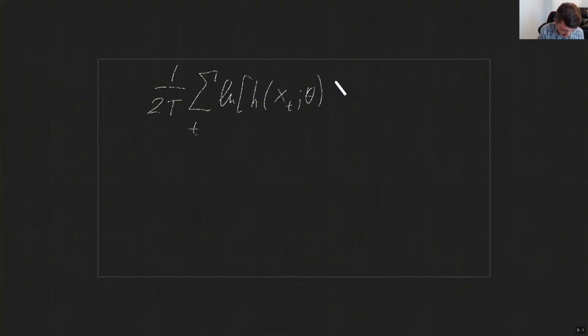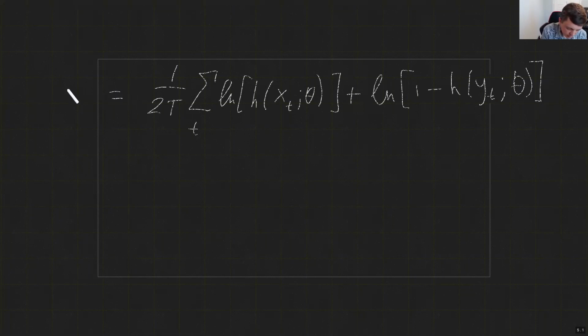Just parameterized. Basically, this is the logistic regression objective function. They call it Y, of course, because that's their notation, but it's practically the same.